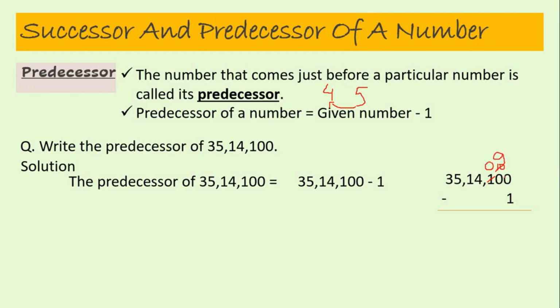Yes. Now 10 minus 1 becomes 9. 9 minus 0 is 9. 0. So the remaining number will be the same. So the predecessor of 35 lakh 14,100 will give us 35 lakh 14,099. Yes children, got it?